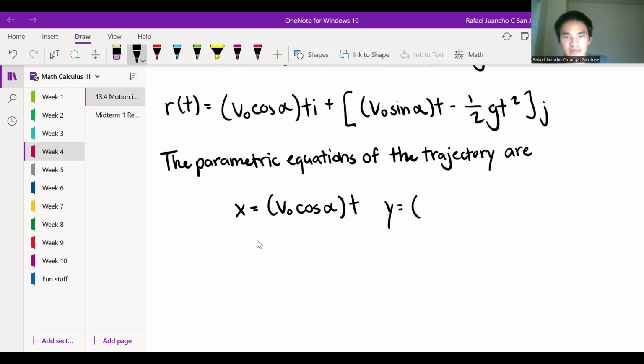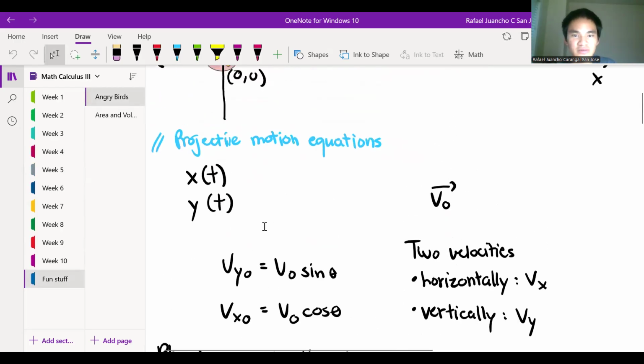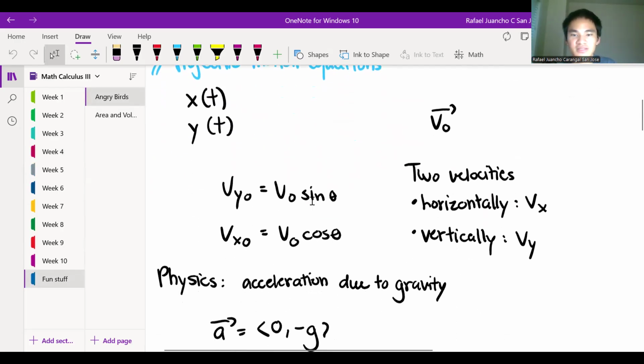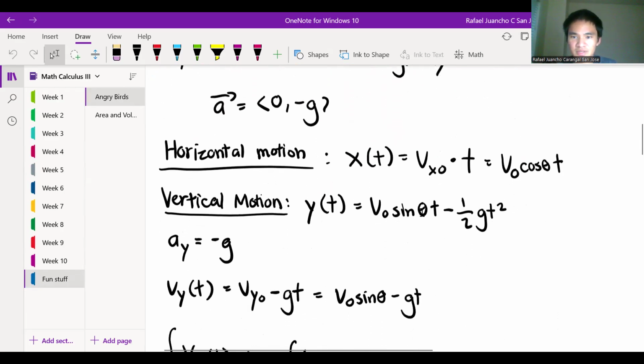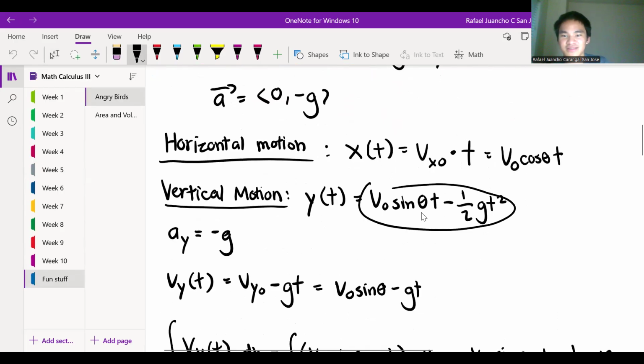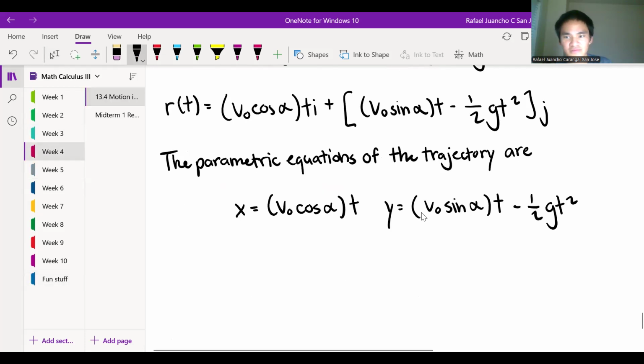These are parametric, and y is our sine part in terms of t as well, minus 1/2 g t squared, which I did derive in one of my Angry Birds videos. I did theta instead of alpha, but it's totally fine. Yeah, and then we were able to derive this thing. So that's horizontal and vertical motion. Okay, where was I? Week 4, I believe.